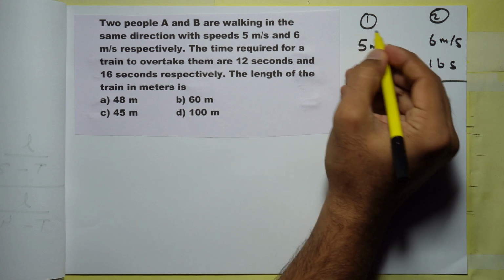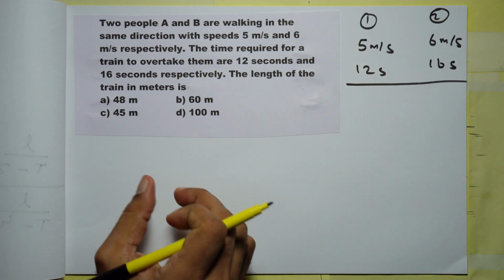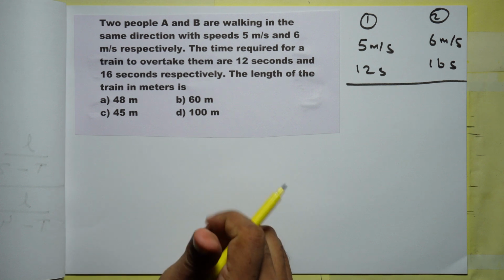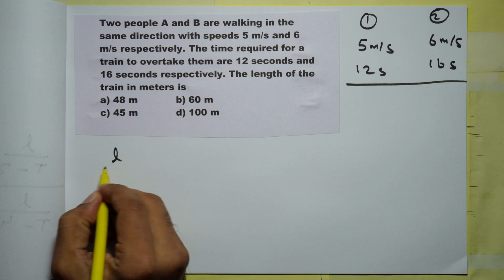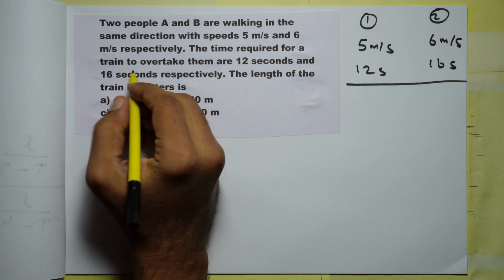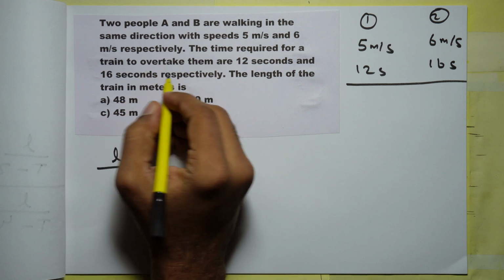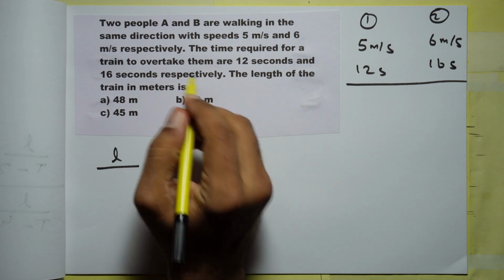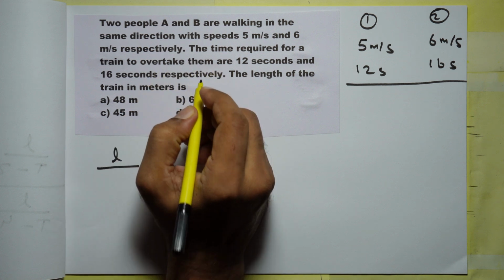Now let us form the equation for the first person. Now to overtake a person, the train's own body length has to be ahead. So distance to be moved is the length of the train. I'll just take it as L. Now here it is said the train overtakes them. Overtakes them means they are all moving in the same direction. When they are moving in the same direction, relative velocity is the difference of their speeds.